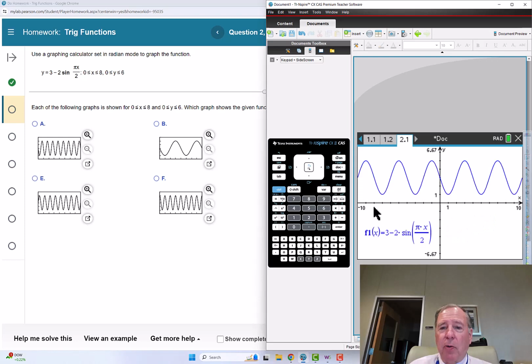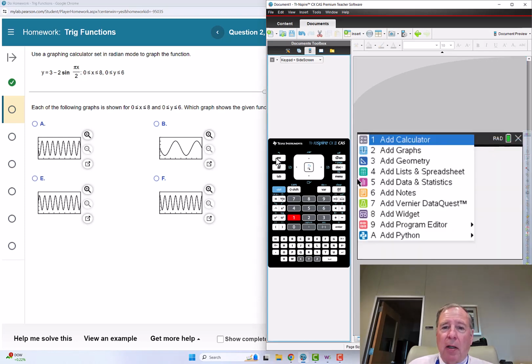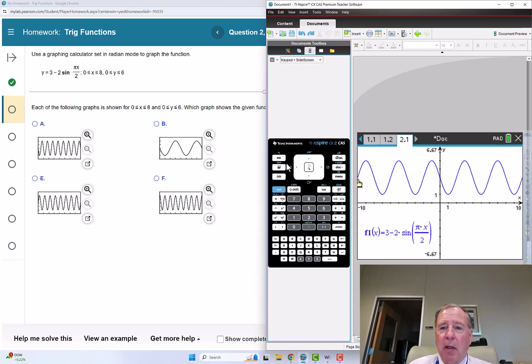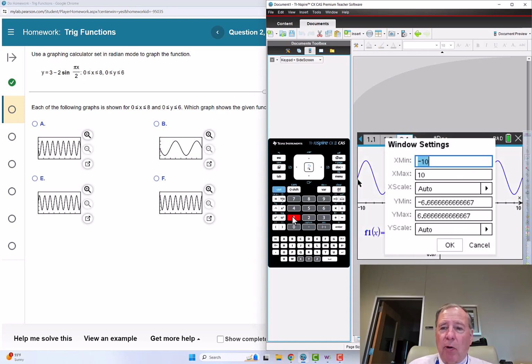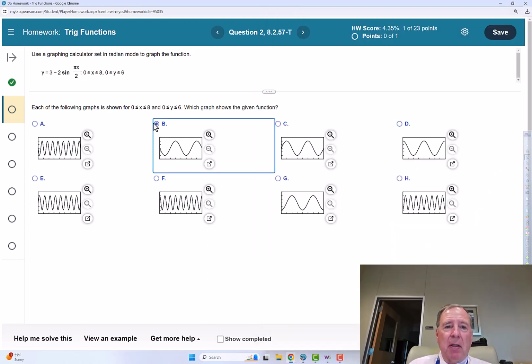And we're going to go do their window, menu for 1, so 0 to 8. We'll put tick marks every 1, and then 0 to 6, tick marks every 1. And there it is. That's that one.